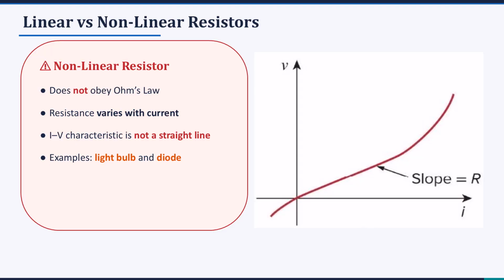A diode allows current to flow freely in one direction, but almost completely blocks it in the other. Its IV curve is highly nonlinear, an exponential relationship. We will study nonlinear components in detail in later semesters. For now, just know they exist and recognize that Ohm's law alone cannot describe them.